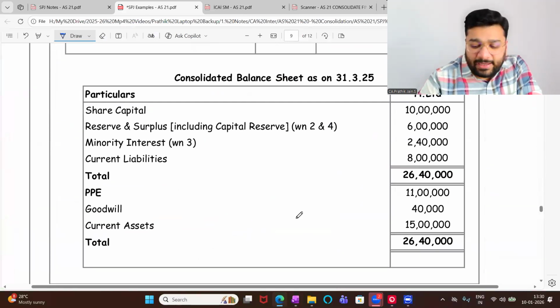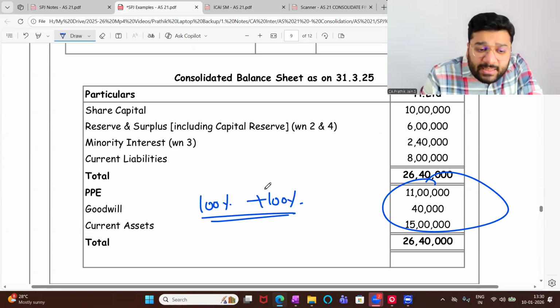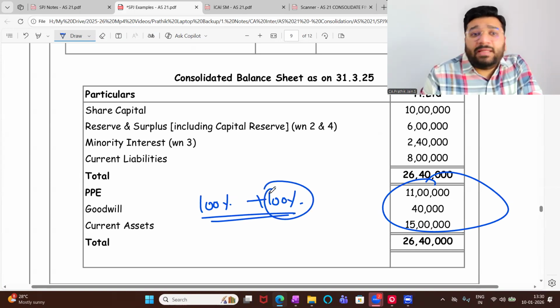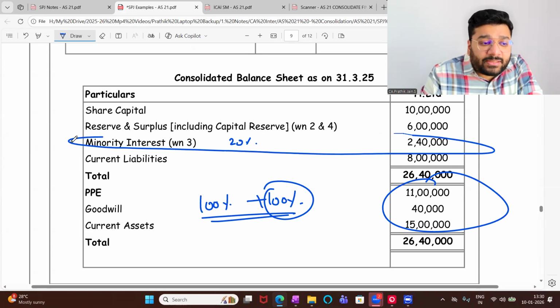This is your consolidated balance sheet. In this, 100% is of subsidiary asset and 100% is of holding company asset. But in the subsidiary, though we show 100%, in that 20% belongs to somebody else. To cancel the impact of that, we gave a liability in the form of minority interest here.